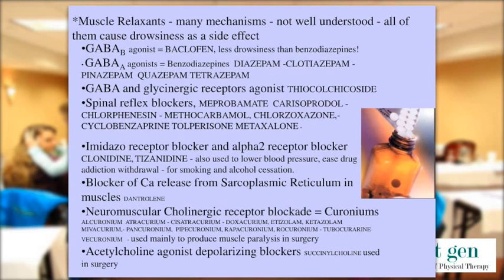So muscle relaxants, there's a bunch of them out there now, and they all work by different mechanisms. So it's good to know when your elderly patients are on muscle relaxers as well. That way, if the mechanism of action for that particular drug is known, you can look it up.